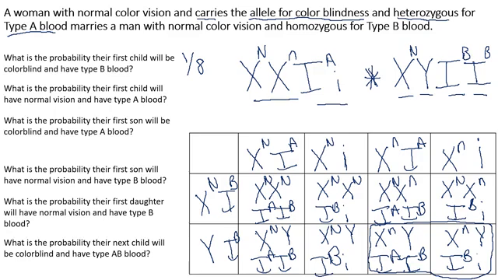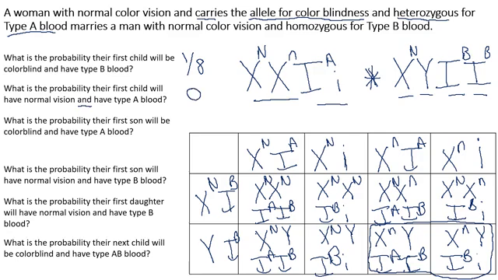Now the second one says, what is the probability that their first child will have normal color vision and have type A blood? If we look at all of these, we have 6 of them that are going to have normal vision, right? However, none of them have type A blood, and both conditions must be met.